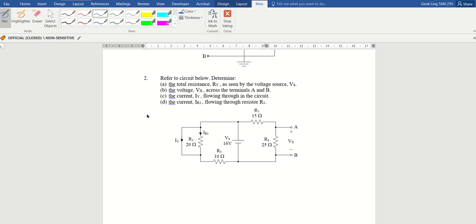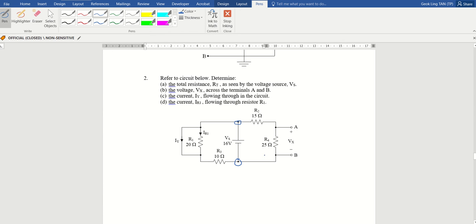Okay, so for this part here, because resistor R1 is shorted by this wire, the resistance here is equivalent to 0 ohm. So if you look at this point to this point here, you have resistor R3 in parallel with R2, which is in series with R4.